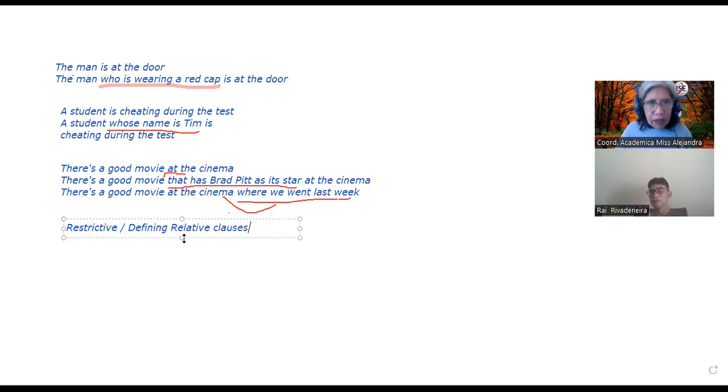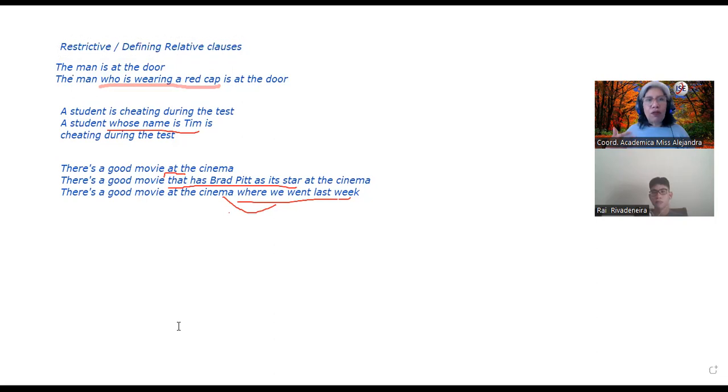That's the name of this. Restrictive or defining relative clause. Why restrictive or defining? Because you need that information to understand which or who you are talking about.